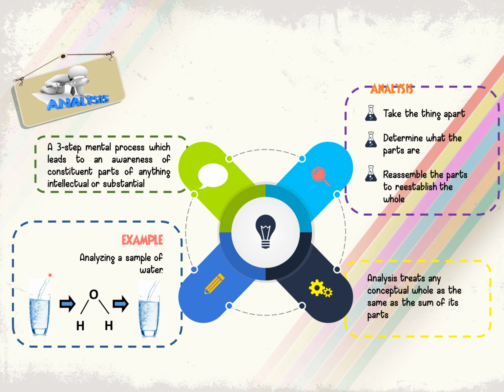The water will be split into 2 parts, which are oxygen and hydrogen. This is determining what the parts are, right? And then if we combine them back together, you will get back the sample of water. So analysis treats any conceptual whole as the same as the sum of its parts.